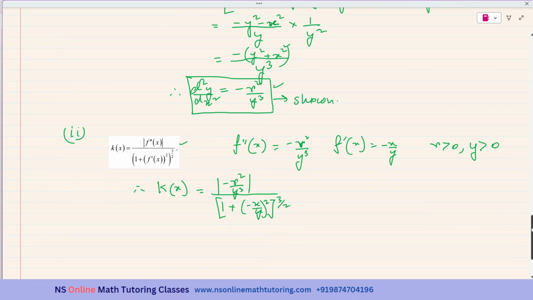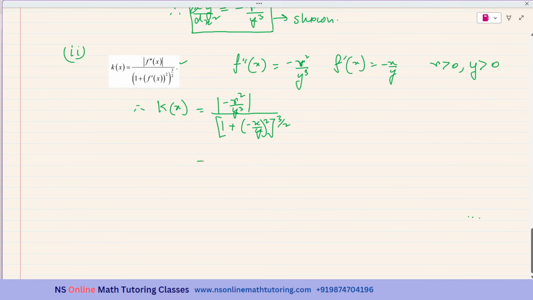Okay. So this is equal to the absolute value, so it is r square because r is greater than 0 and y is greater than 0. So r square over y cube times 1 over 1 plus x square over y square, whole raised to the power of 3 over 2.